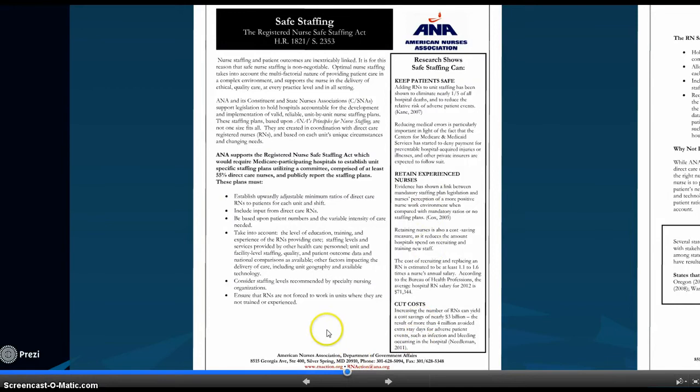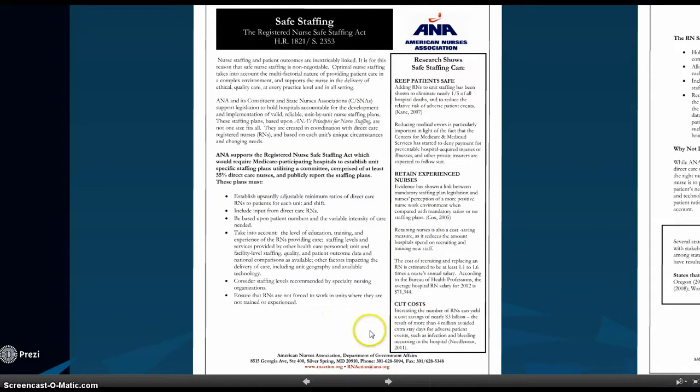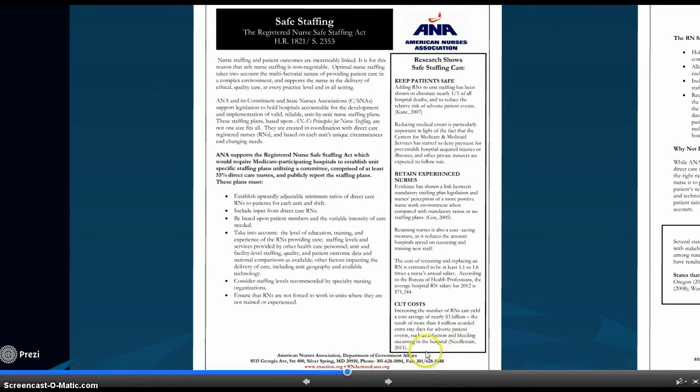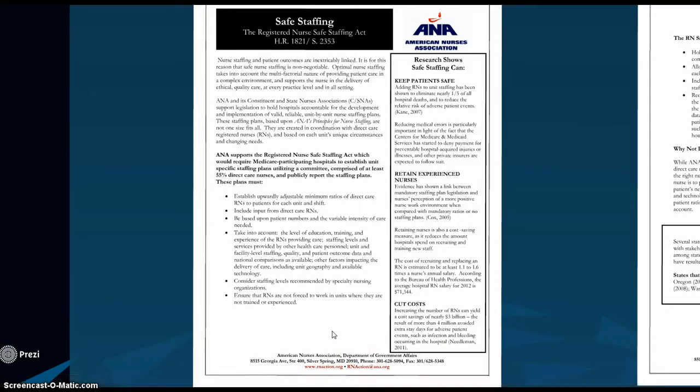It cuts costs because you're not bringing in agency nurses to do jobs. You're using your own RNs. And increasing the number of RNs can yield a cost savings of nearly $3 billion, which is the result of more than 4 million avoided extra stays due to adverse patient events, such as infection and bleeding occurring in the hospital.